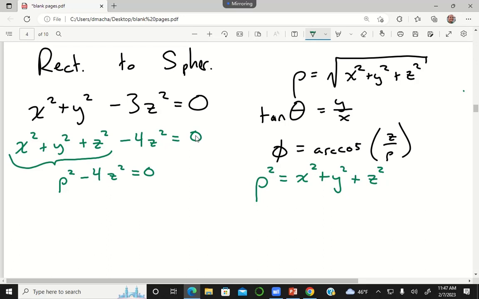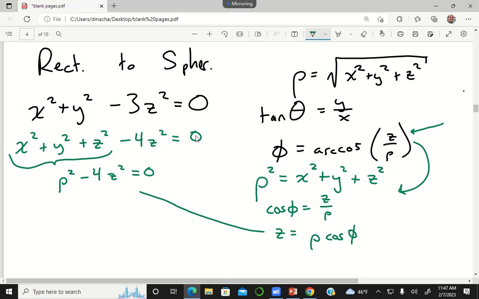And now I have this z left to get rid of, and I have an equation that includes rho and phi, which I'm allowed to use, those are spherical coordinates, and a z. So let me rearrange to solve for z. Cosine of phi is equal to z over rho, so z is equal to rho cosine phi.